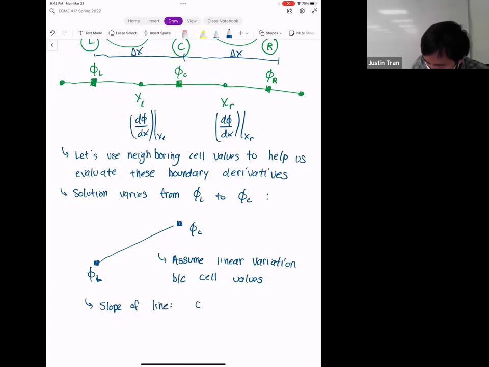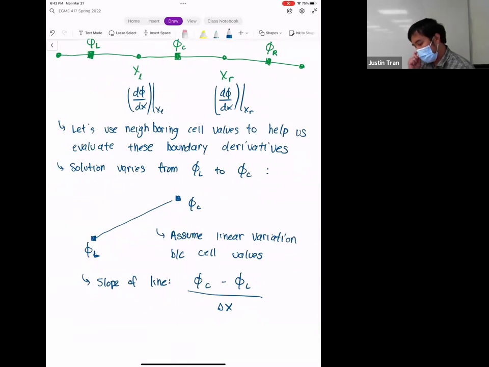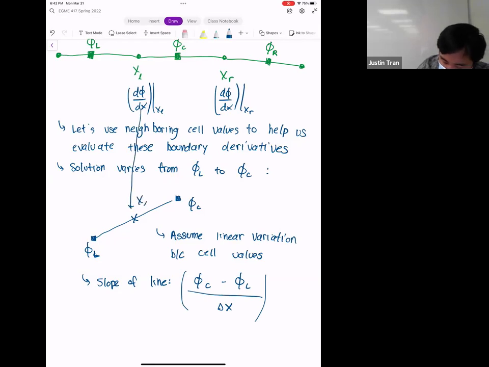The slope of this line will be phi sub C minus phi sub L divided by the space between them, which is delta x. And so that slope, because it's a linear line, is going to be valid throughout the entire line. And so where else is that going to be valid? That's going to be valid at x sub L, right? And so we can use expressions like this to evaluate the derivatives at our cell boundaries.